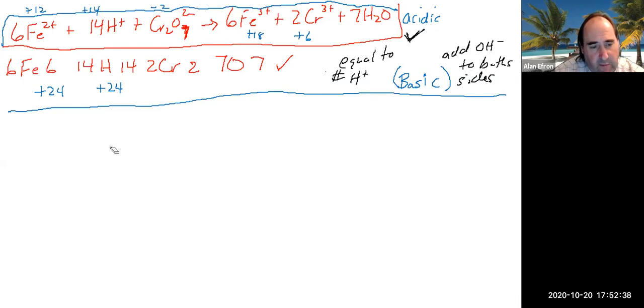So again, here, I'm just going to recopy this down here. This was our balanced equation in acidic conditions.